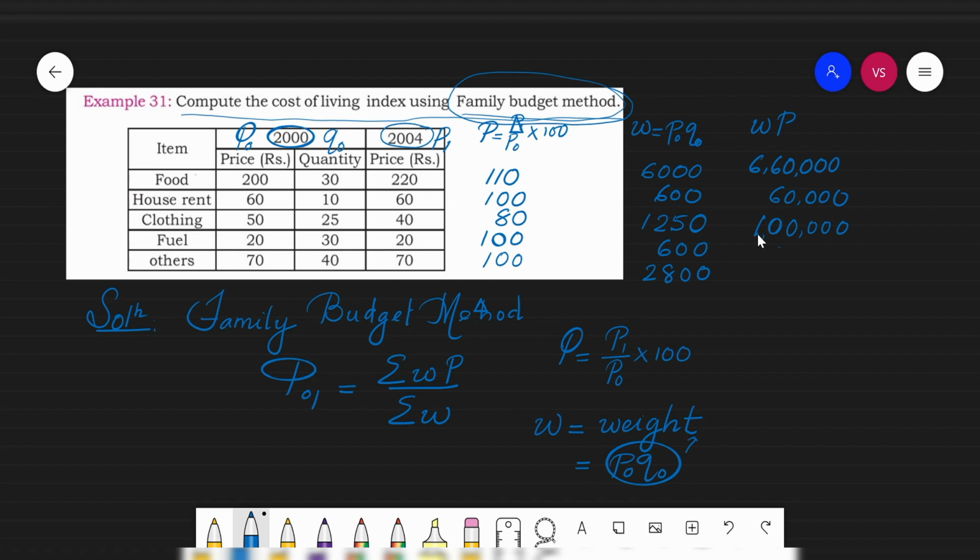Then the last one, 2,800 into 100 is 2,80,000, which is the last value.